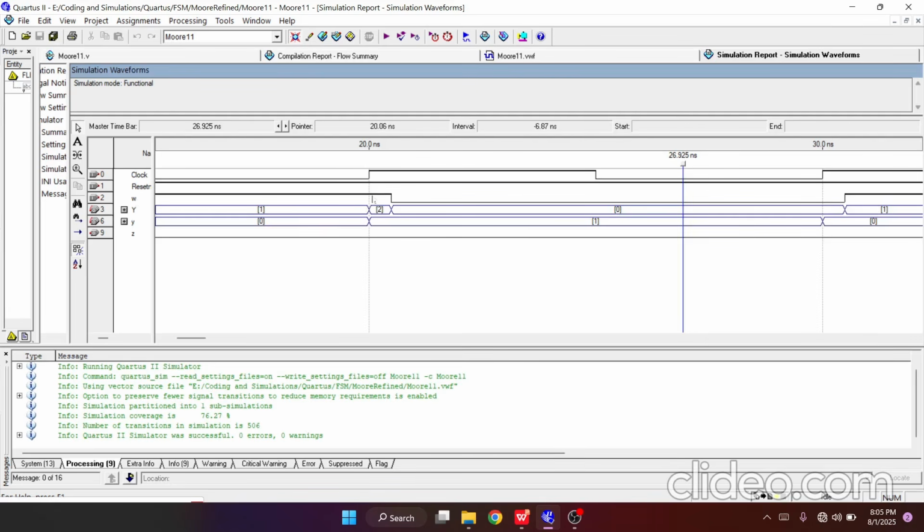See, W equals 1 up to this time period. Maybe this is 22 nanosecond, or say you can see 20.47 nanosecond.